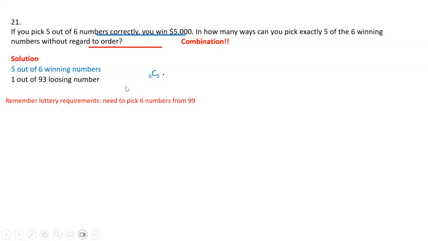That's why it's going to be times 93 combination 1. If you notice, the outside numbers must equal 99, because there's 99 numbers. And these are the numbers to win, 6 numbers to win. That's why the inner ones have to equal 6.